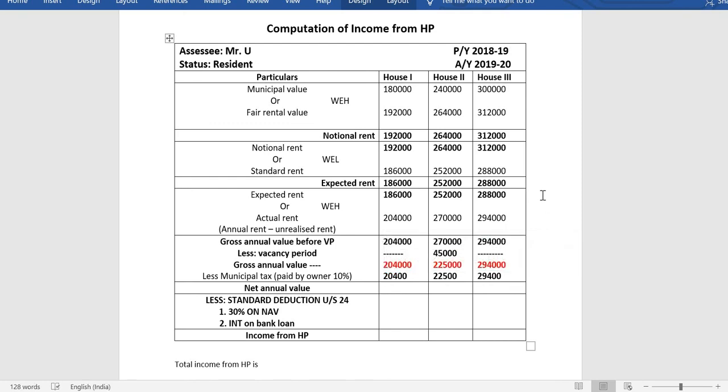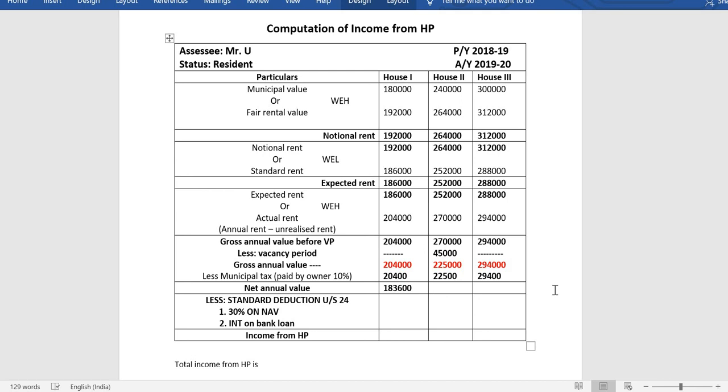If you deduct the tax, you will get the net annual value. So the net annual value for house 1 is 1,83,600. Please all of you calculate. If you do this calculation process while solving all the problems, your calculation will speed up, you can save a lot of time in your exam, and it avoids a lot of mistakes also.